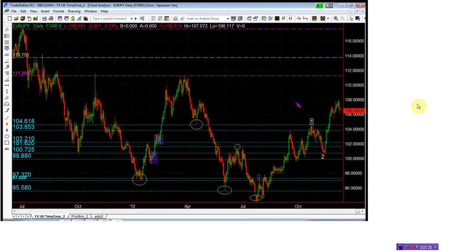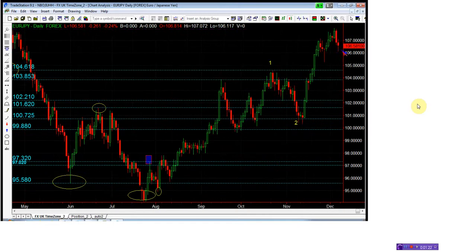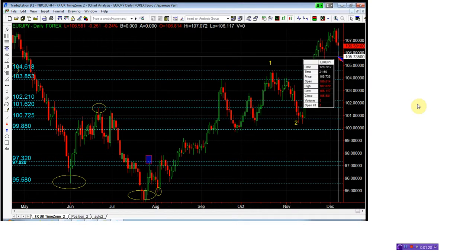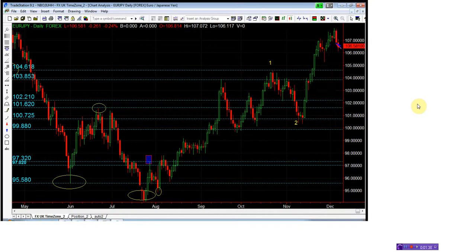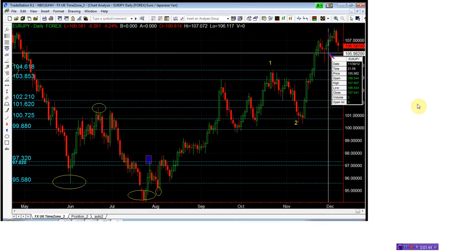So having these two daily declines that we had, the low of Friday was 106.11. Our Thursday low is 106.60. We closed 3 pips below the previous daily low, and this here is 106.43.